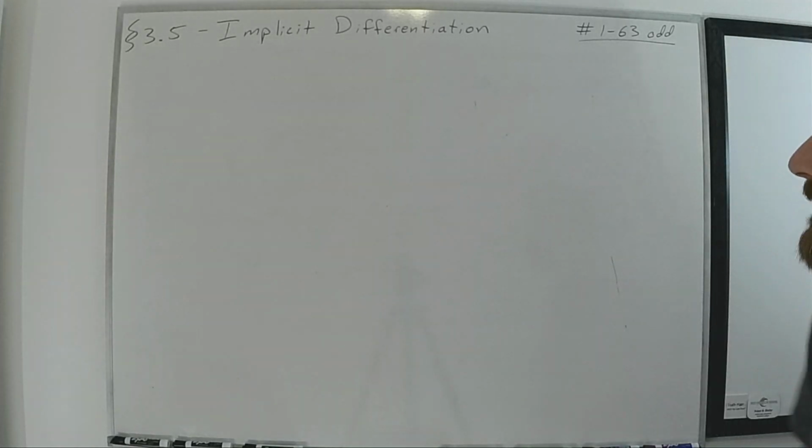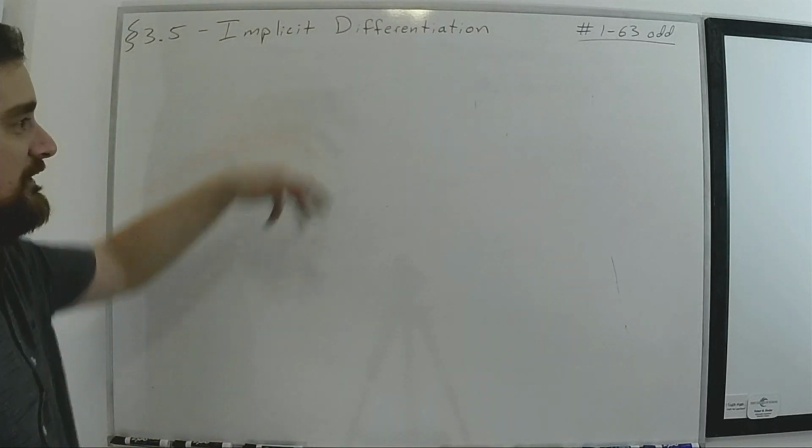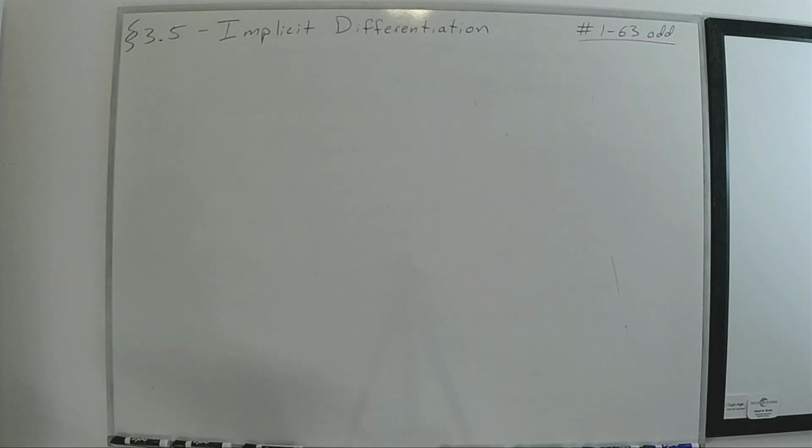And then last thing I want to do is work on a couple examples. I'll show you how the implicit differentiation can help us find derivatives of inverse trig functions, and then work on a couple examples there.